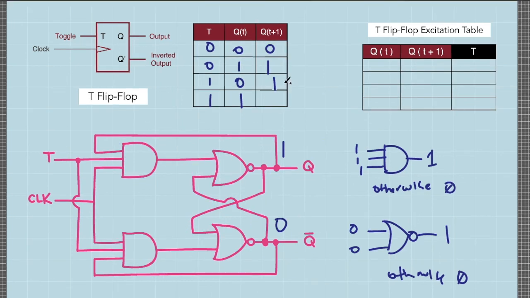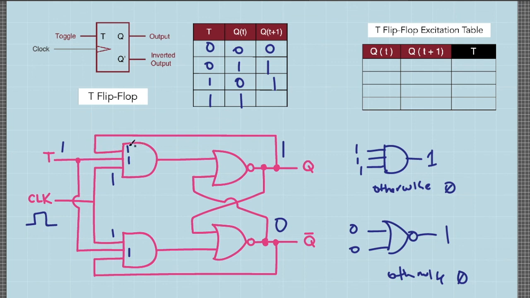Let us consider this final case where the current value of output Q is 1, and we supply the toggle signal with logic 1. So this is 1, and at this moment, we have a positive edge clock signal. So these inputs are in logic 1, and this value of 1 here will be supplied to this input.